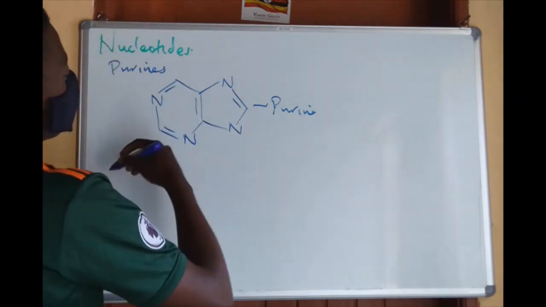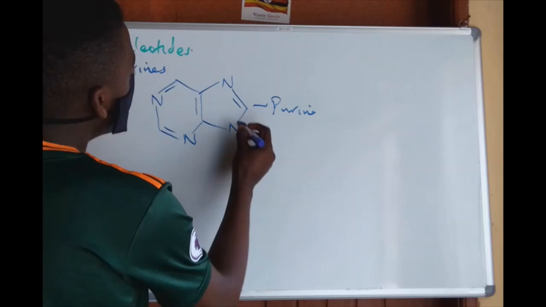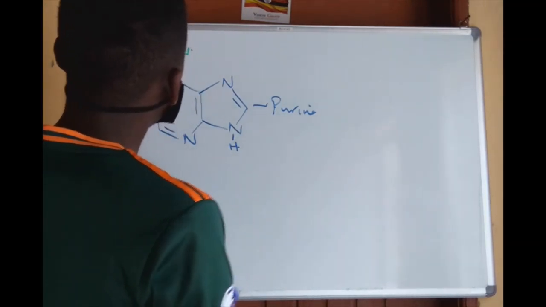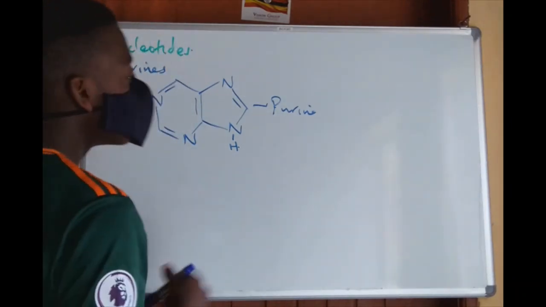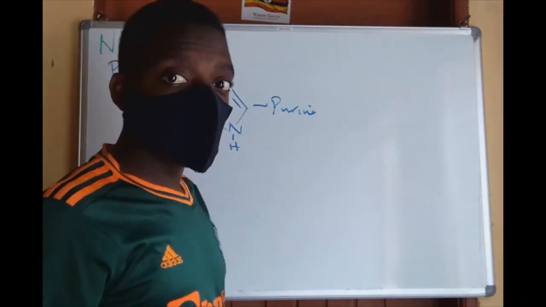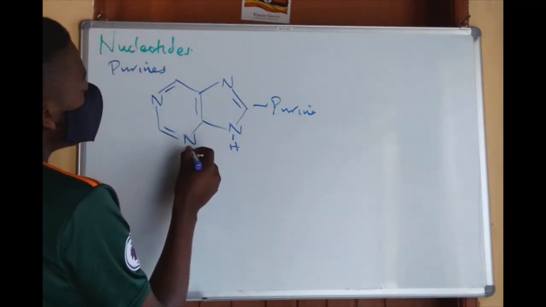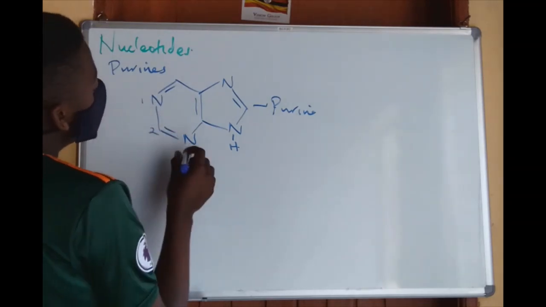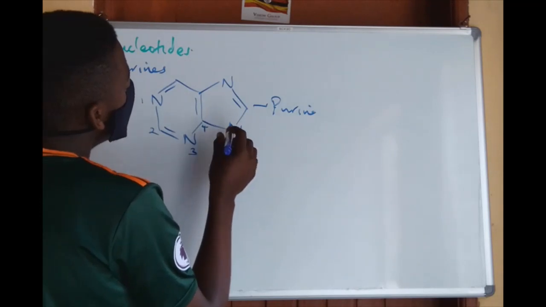Then you can observe these hydrogen atoms here. On the numbering of the purine, we shall call this one the first nitrogen, carbon 2, N3, carbon 4.